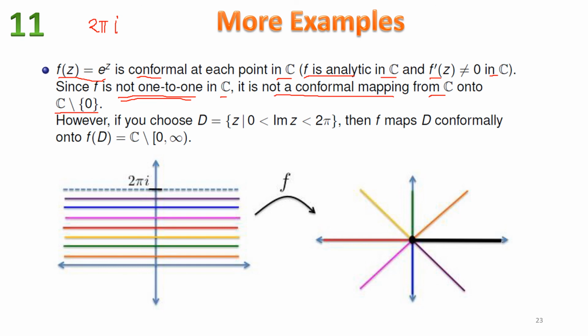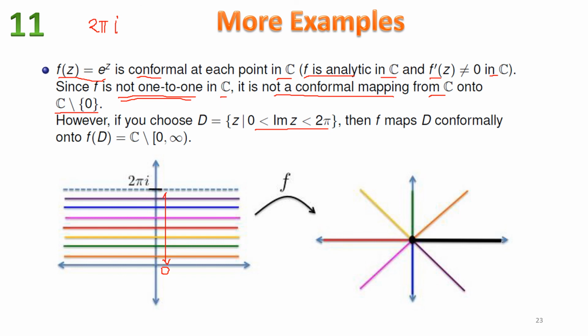However, if you choose D to be the set of complex numbers z such that the imaginary part is restricted to lie between 0 and 2 pi. So here we are considering this as 0 and 2 pi is somewhere here. This dotted line we are ignoring. Now this region has a 1 to 1 mapping, no problem.